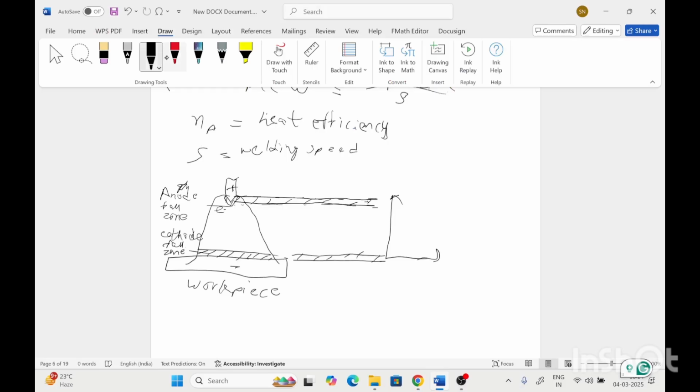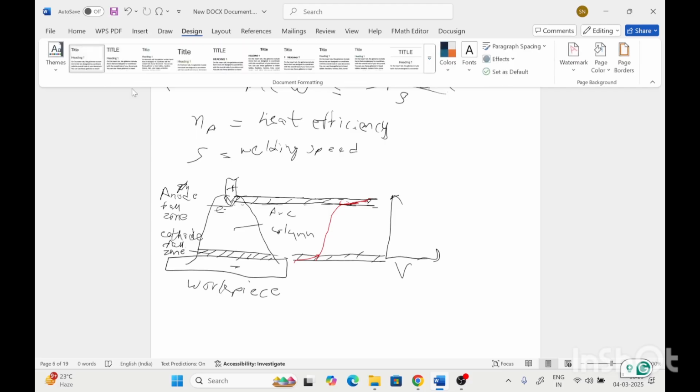The voltage change in the anode pole zone is very gradual. This is called the arc column.